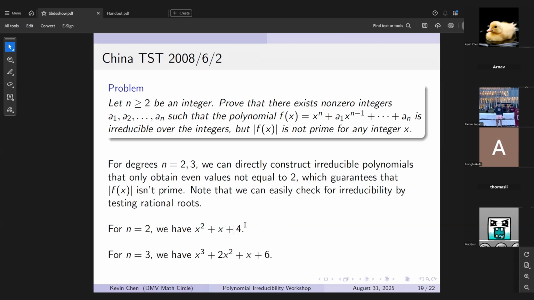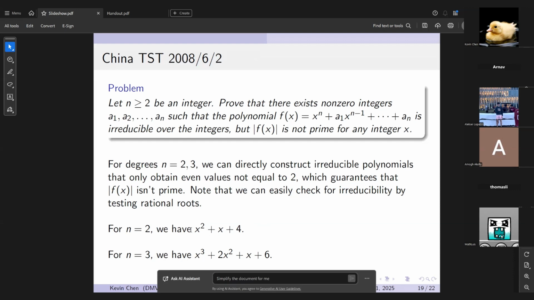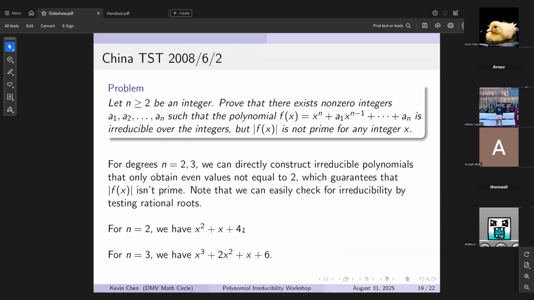And this function also doesn't output 2, because if we set it equal to 2, we have x squared plus x plus 2 equals 0, and there aren't any integer solutions for that. So it can't output 2. And obviously it's irreducible because if you try to factor it, the solutions are complex.